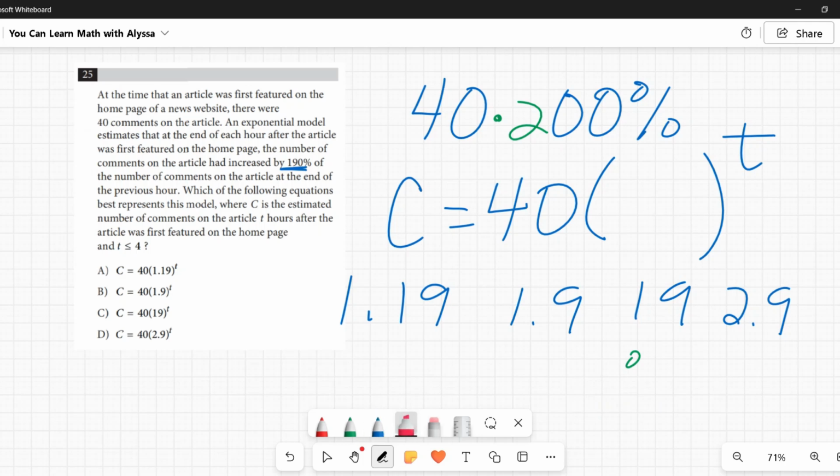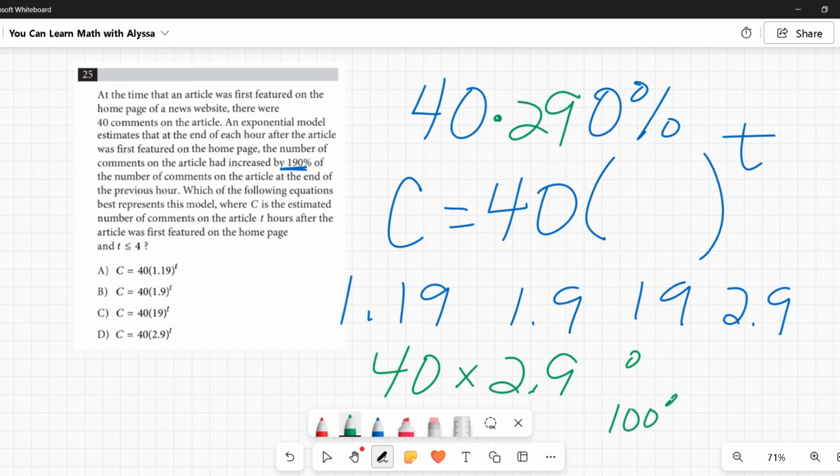We need to multiply by 290%. If I multiply that 40 by 290% or 2.9, I would be getting 100%, which is my original 40, and then the 190% increase. I'm adding those together to get 290% or 2.9.